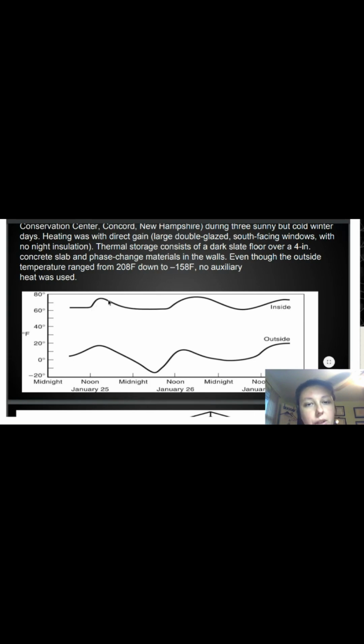And then it's holding on to that thermal capacity throughout the evening, because here's midnight, right? And then by noon the next day, we can see that it kind of maintained its curve of heat at a certain baseline, right? So there's an ability for these homes to maintain heat within themselves.